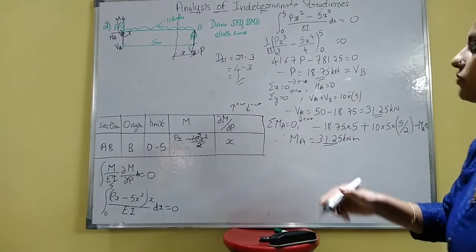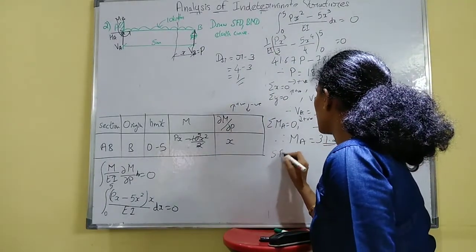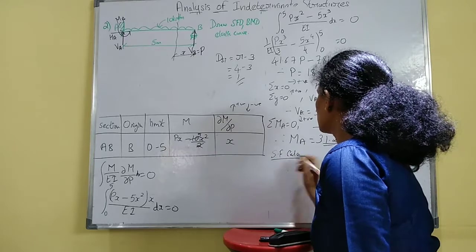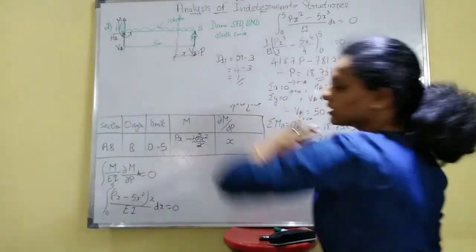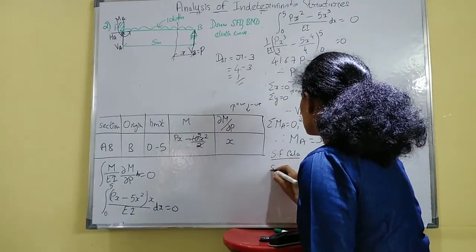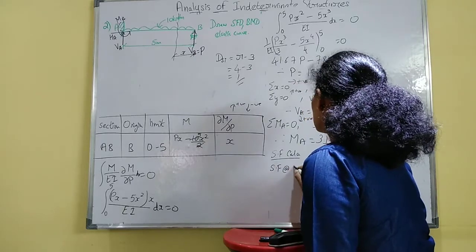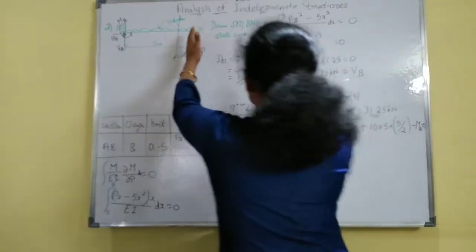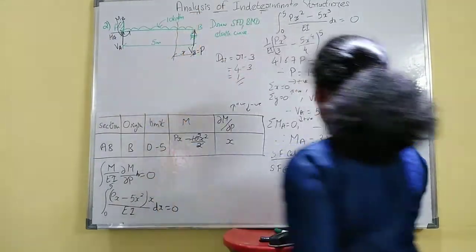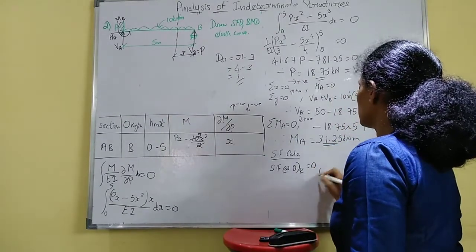Okay. Next, to find out SFD, shear force calculation. You just consider left and right of B. So shear force at right of B is equal to 0, this is your section.